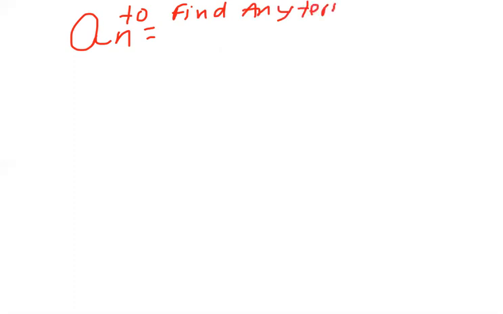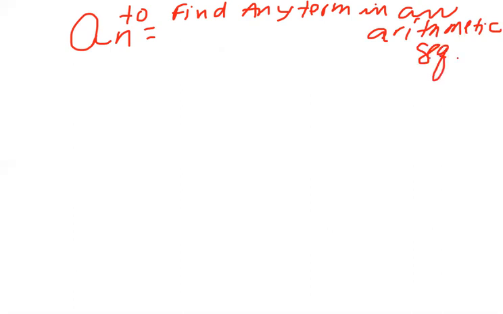So guys, the formula we use to find any term in an arithmetic sequence is AN equals A1 plus N minus 1 times D. Now, let me identify some of these terms for you.